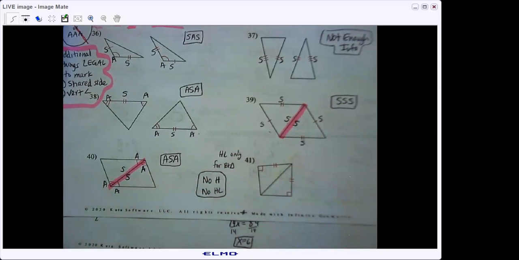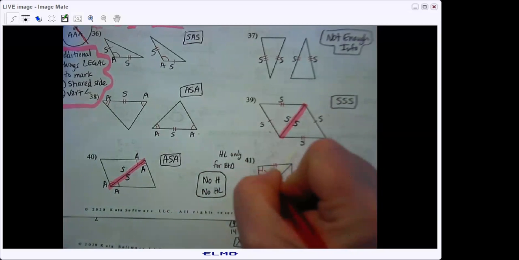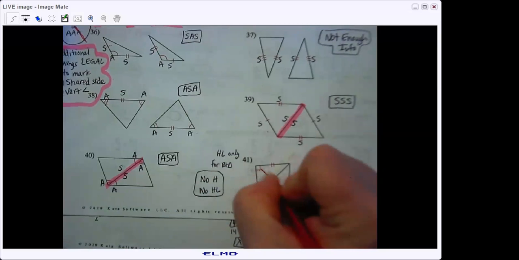So the way to figure out if you have an H or not is to, remember what we were talking about yesterday, draw an arrow across from your right angle. That's where your H is going to be.